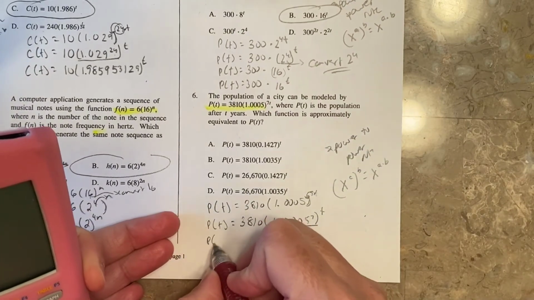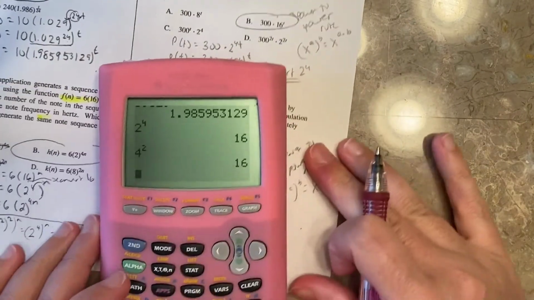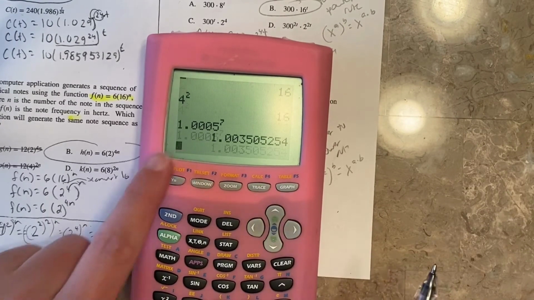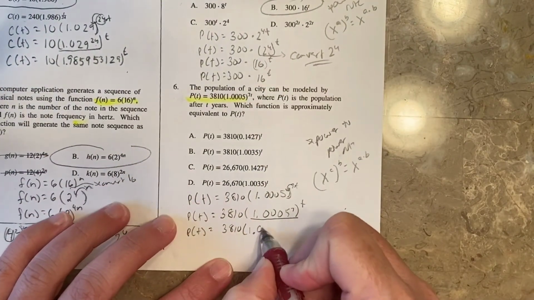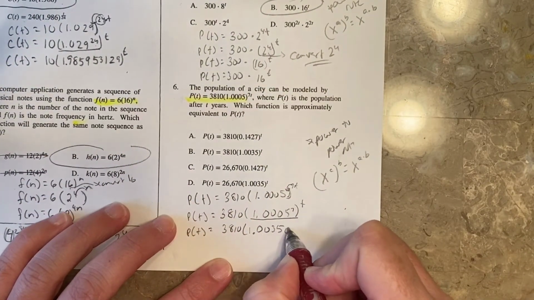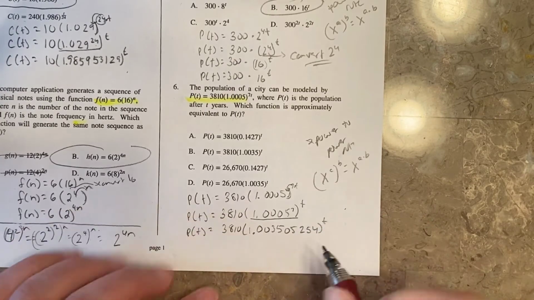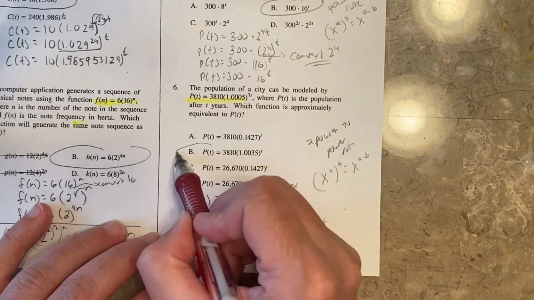Okay, so we have P of t equals 3810 times 1.0005 to the 7th power. We have that really long decimal I'm going to copy right now: 1.003505254 to the t, and that looks like that is choice B.